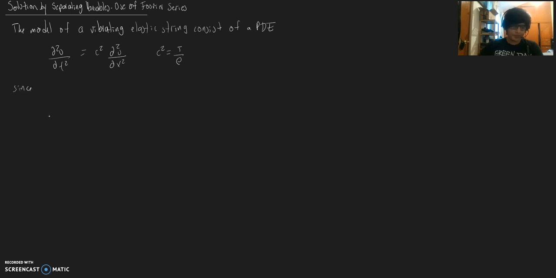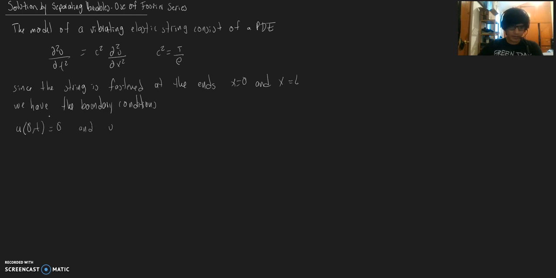And since the string is fastened at the ends, x equals 0 and x equals L, we have some boundary conditions, where the fluctuation function of the string at x equals 0 is equal to 0, and at x equals L is equal to 0 for all t greater than or equal to 0.